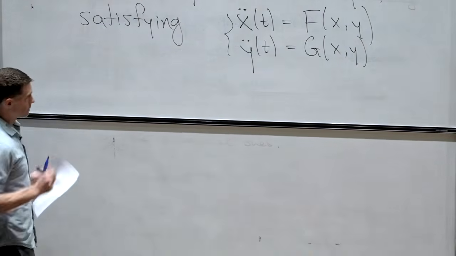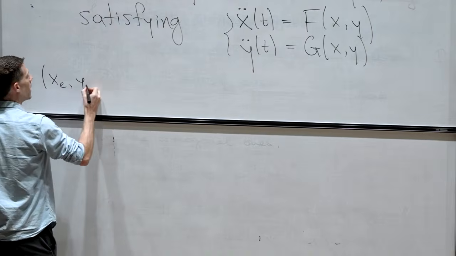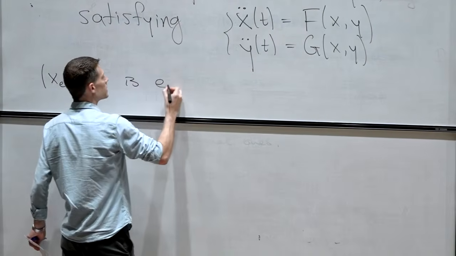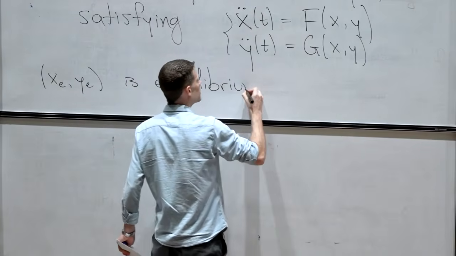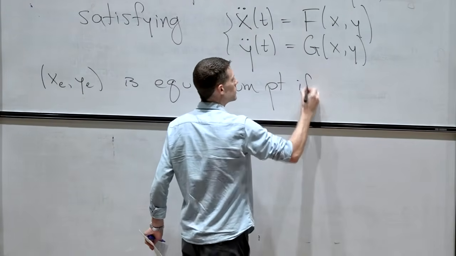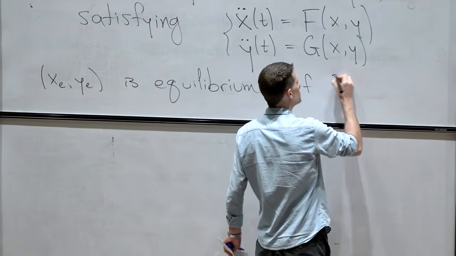And so we start with an equilibrium point. So (x_e, y_e) is an equilibrium point if f and g are both 0 at that point.